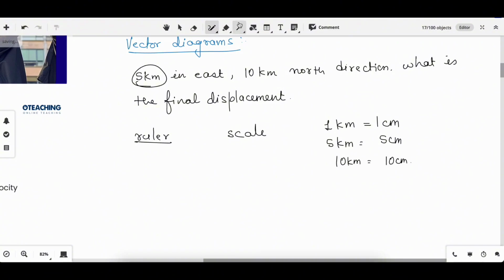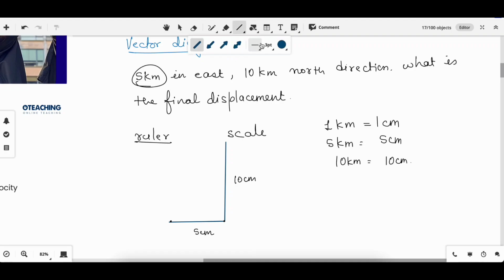Okay, so using a ruler, I draw 5 centimeters here. Suppose this is 5 centimeters, and then the north direction 10 kilometers, that is 10 centimeters. So here is my 10 centimeters. Correct? I do not have a ruler here, so I am just assuming that the lines which I have drawn, this is 5 centimeters, this is 10 centimeters.